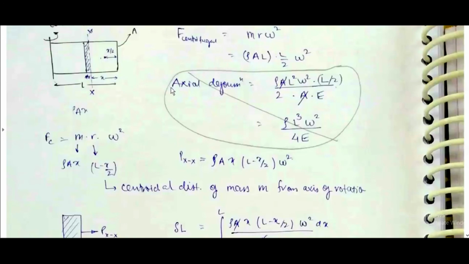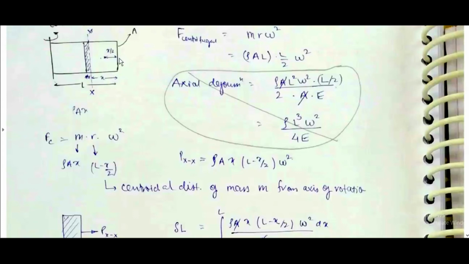Fc is equal to m r omega square. Here m is rho A x from the free end, and r is L minus x by 2, which means L is this length minus this length, from this point to this point, L minus x by 2.